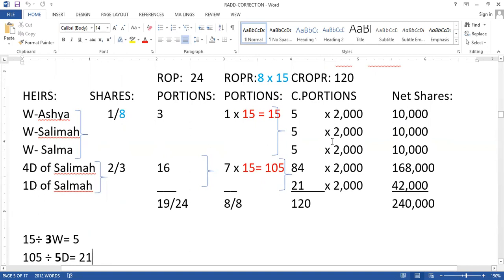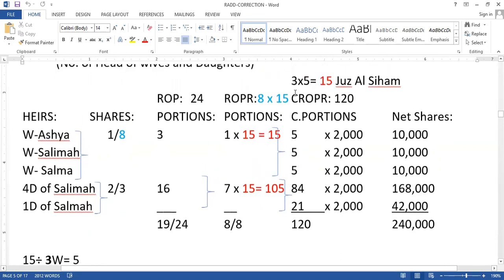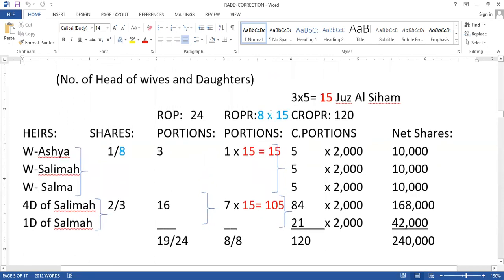Now, paano natin makukuha yung net shares nila? Okay? So, meaning, 8 times 15 pa pala. 8 times 15, diba, i-multiply natin ito sa ating juz seham para magkaroon tayo ng corrected ROPR, which is 120. Okay?